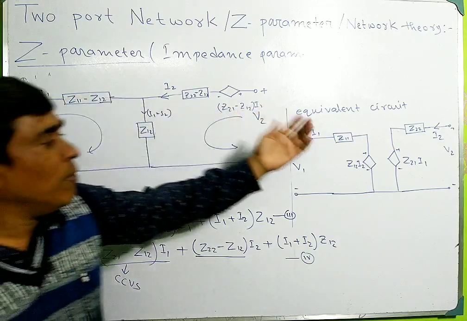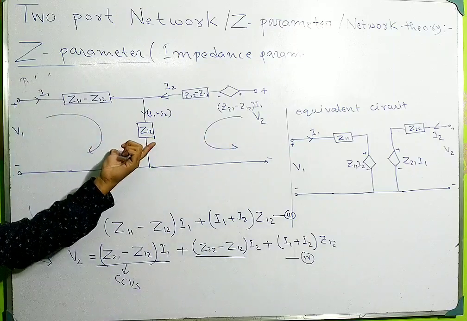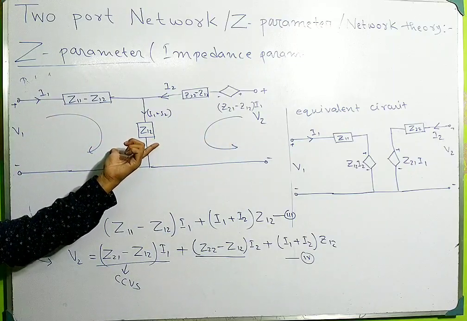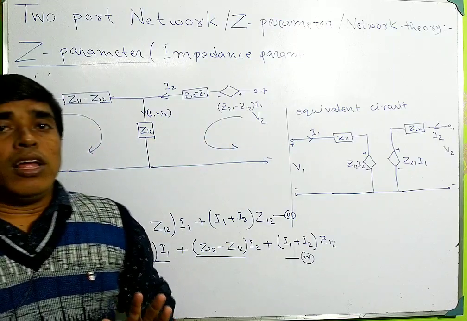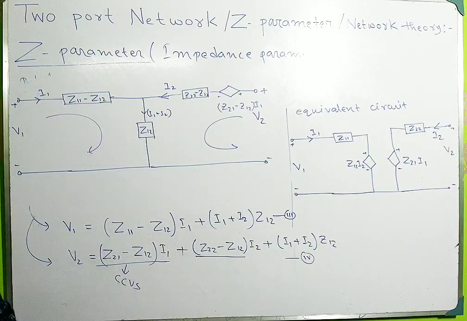This is also an equivalent circuit. Now you have to know what the Z parameters are for a T circuit.